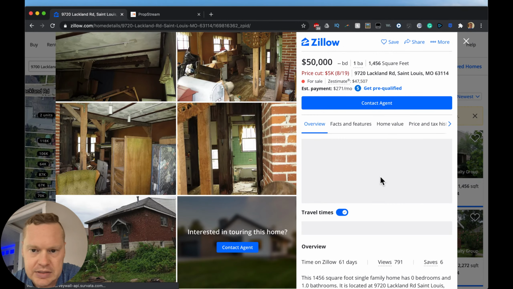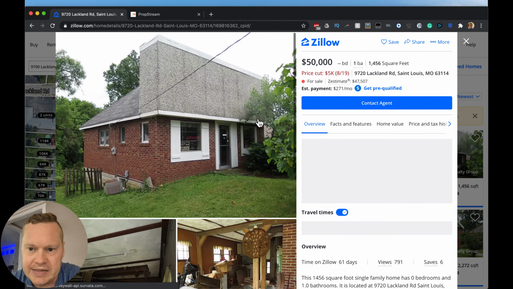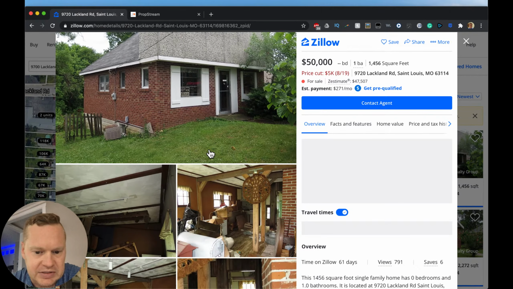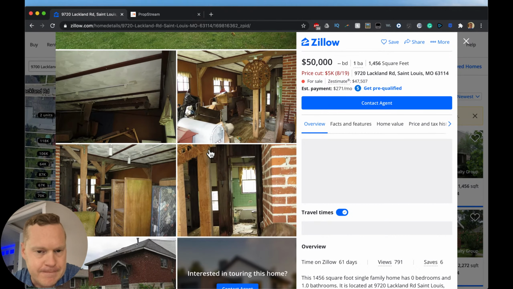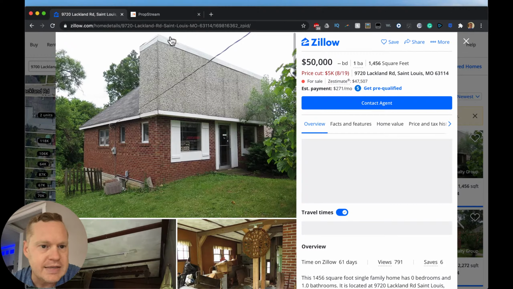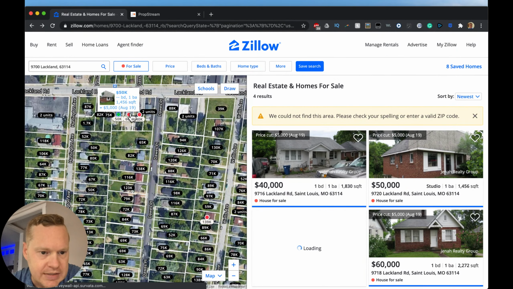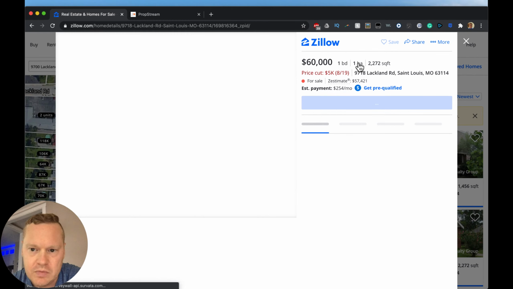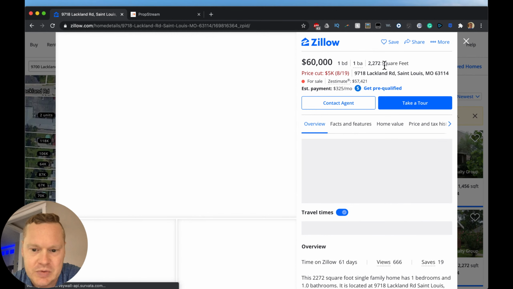So let's see. We can see that this 1 bedroom, 1 bath, they're saying it's 1,400 square foot, but I do not believe that is correct. I'm not sure where that data is coming from. Then if we look back at the one next door, also a 1 bed, 1 bath, and it's saying 2,200 square foot.